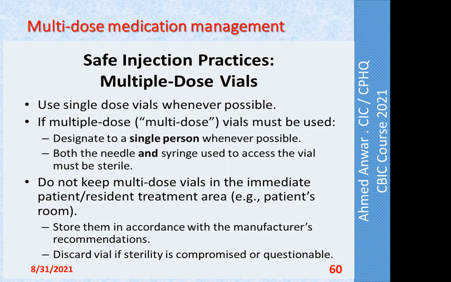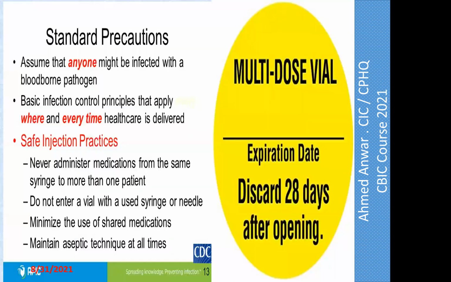Don't keep a multi-dose medication in the patient care area. Storage of multi-dose medication should be done by manufacturer recommendation, and it should be labeled with the opening date and expiry date. Expiry date maximum will be 28 days from the opening date. As we say, any multi-dose medication should be discarded 28 days after the opening.